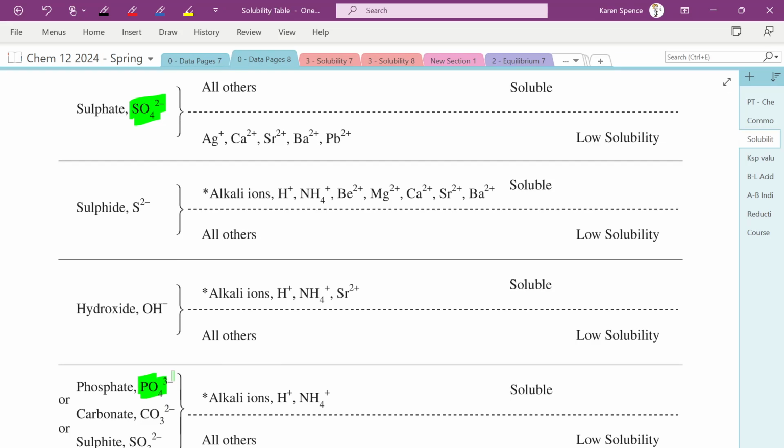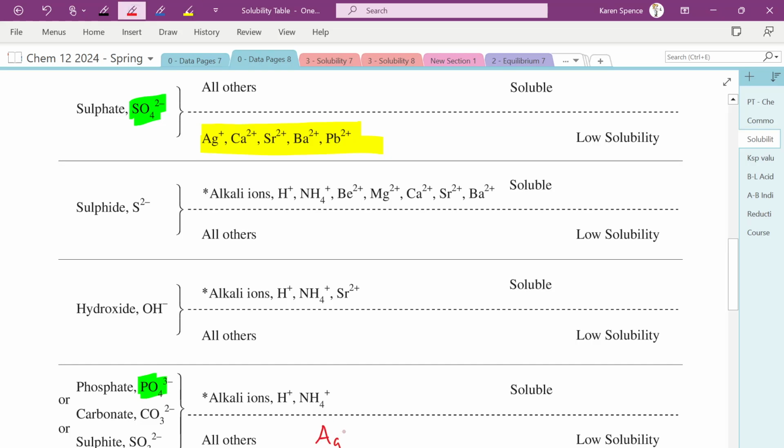Okay, my first question to you is, what about these ones here? Silver, calcium, strontium, barium, lead. Can we choose those? No. Why not? They'll precipitate sulfate, but they will also precipitate phosphate because they belong in the all other category.